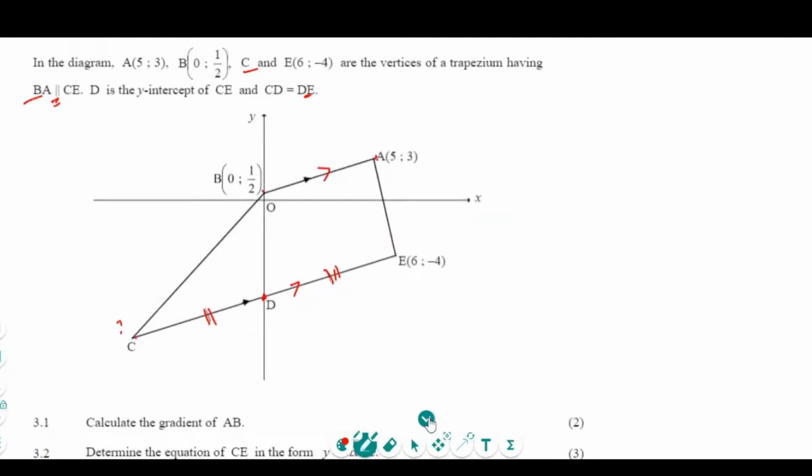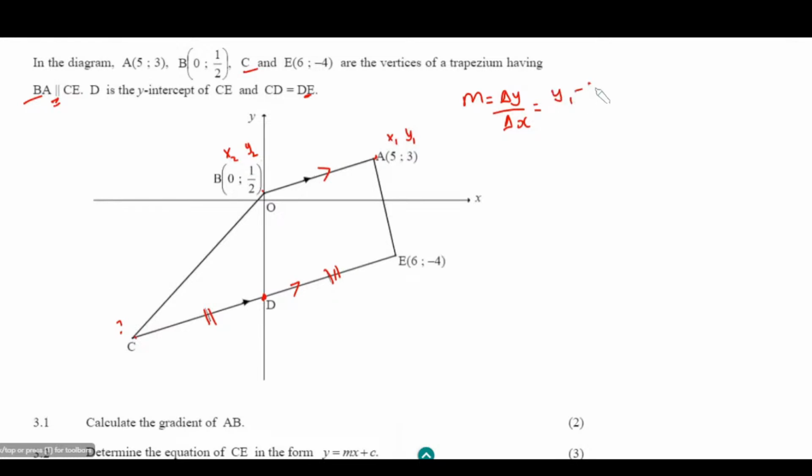How do we find the gradient? We know that the gradient is given as m is equal to the change in y over the change in x. So with AB, I can call this my x1, y1, this is x2, and then y2. Whichever format you want to use, some people say y1 minus y2 over x1 minus x2. Please maintain the order. If you start with the ones, then you move on like that. If you start with the twos, the order must be maintained.